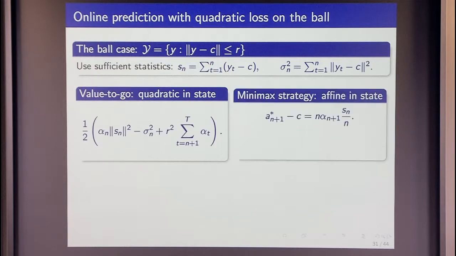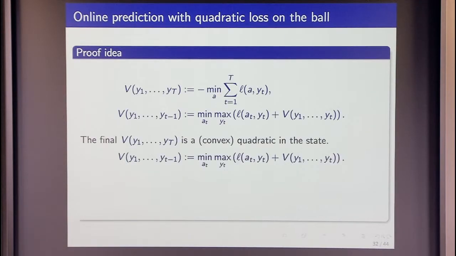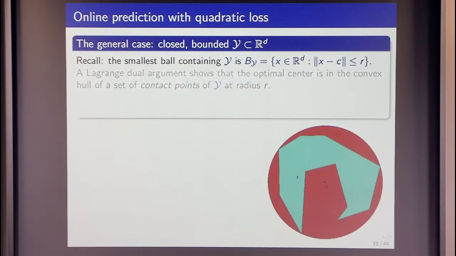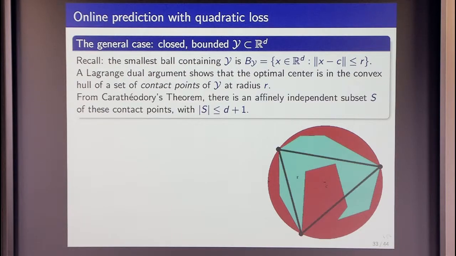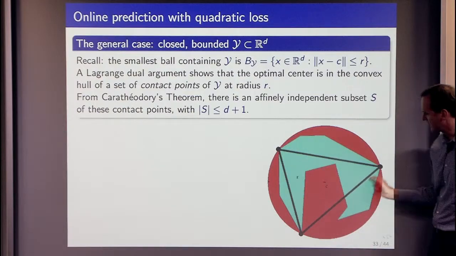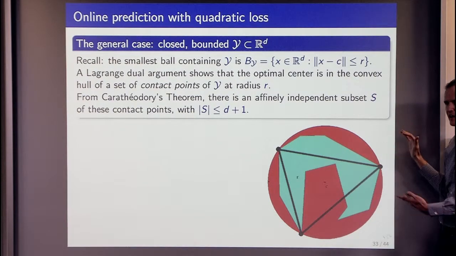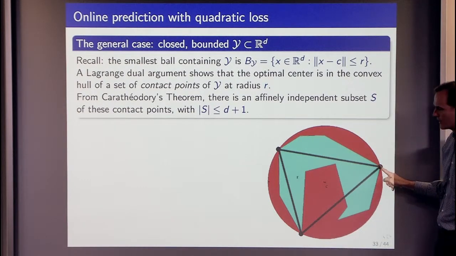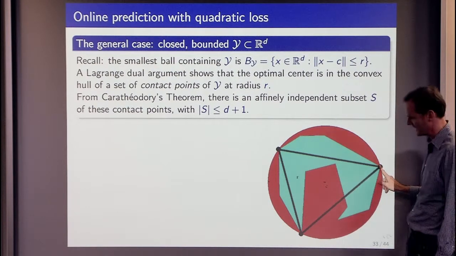So let's jump past that. And just say, the high-level idea of the proof is that we can always find a simplex of contact points that constrain this smallest ball and stop it from getting any smaller in some sense.